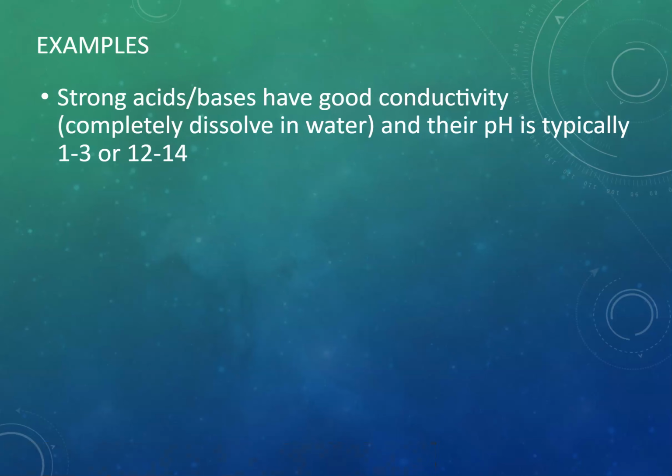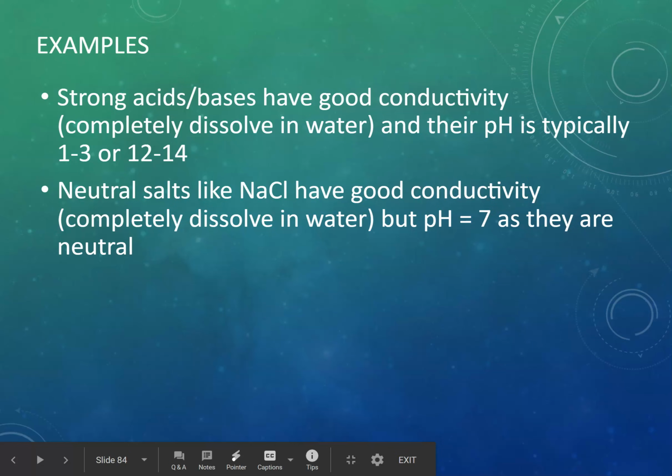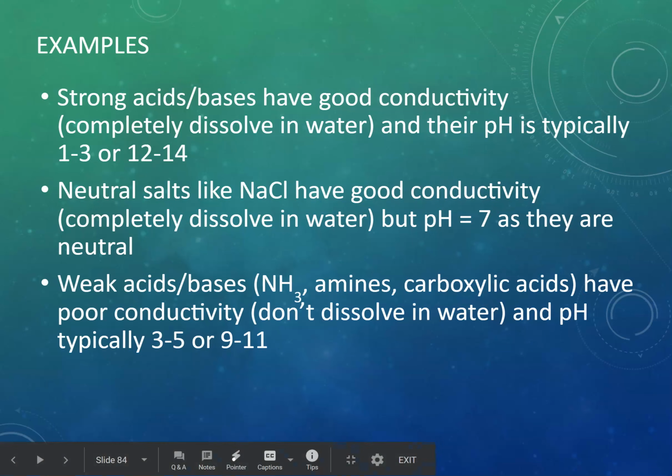In contrast, neutral salts, like sodium chloride, will also have very good conductivity because they completely dissolve in water, but they will have a pH of 7 because they're neutral. They don't form hydroxide or hydronium ions in solution. Weak acids and bases, so things like ammonia, hydrofluoric acid, amines, carboxylic acids, etc., will have a poor conductivity because they only partially dissociate in water.